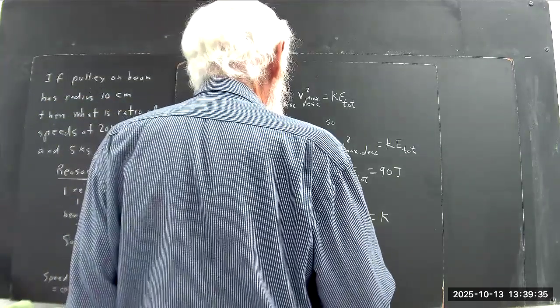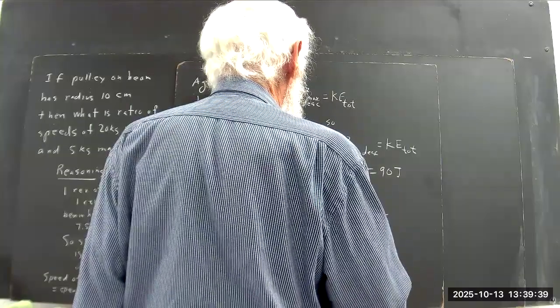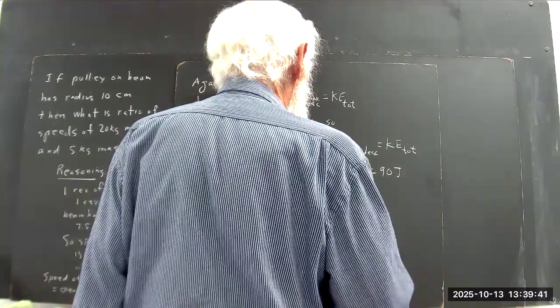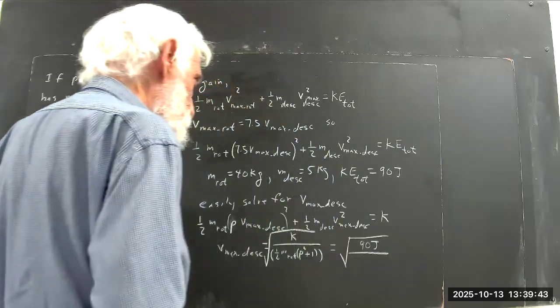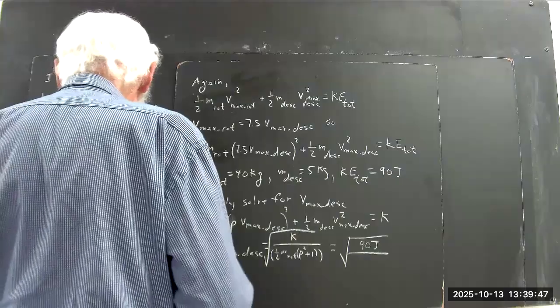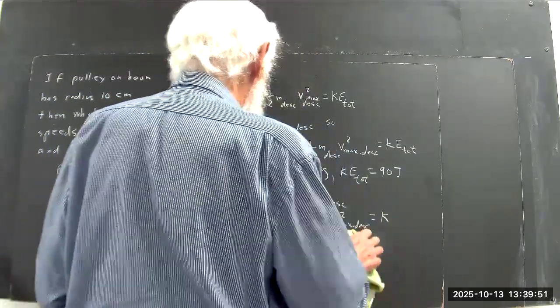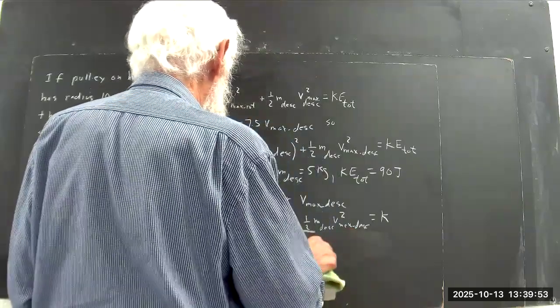In this case, you're 90 joules. Uh-oh. I wrote this down wrong because we don't have equal masses out there. Let's try to make it a little more compact.